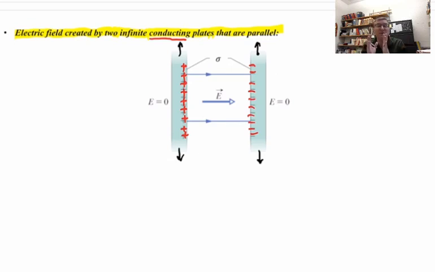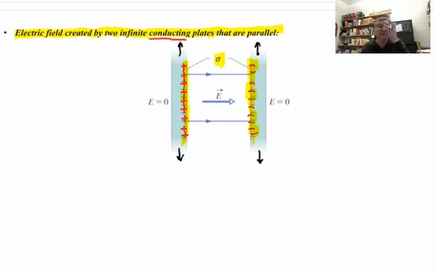Because opposite charges attract, and they want to get as close as they can. Okay? So one of these conducting sheets has been given a positive charge, smeared out over an area, so it's got a certain sigma, charge per unit area, and the other one has an equal amount of negative charge smeared out over it. So it has a sigma that's equal to the other conductor, but negative.